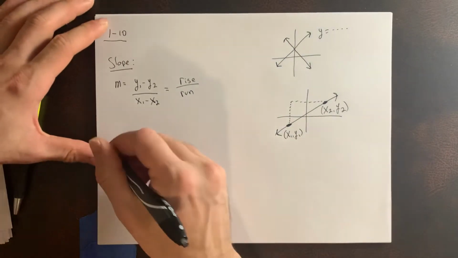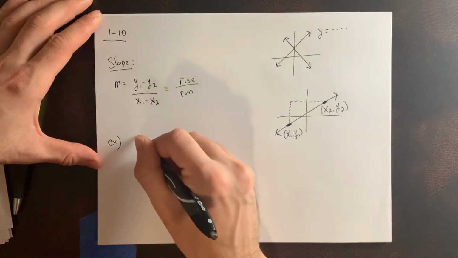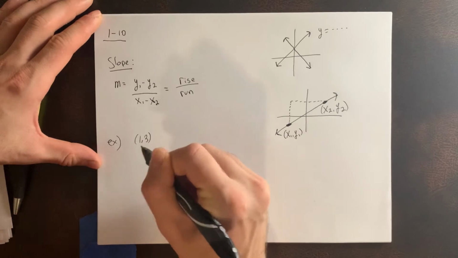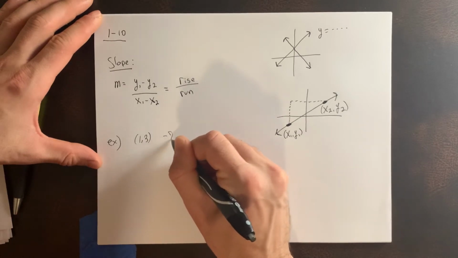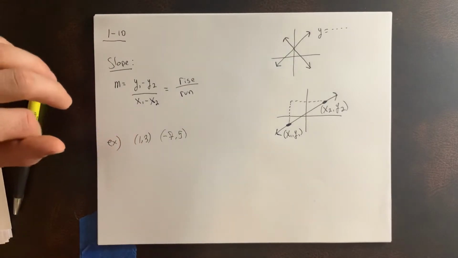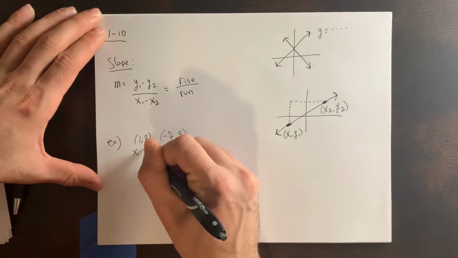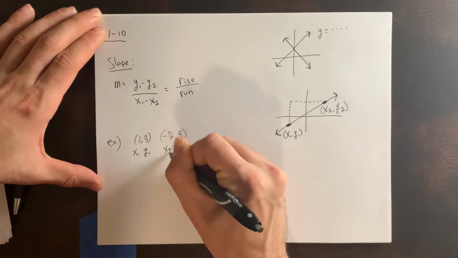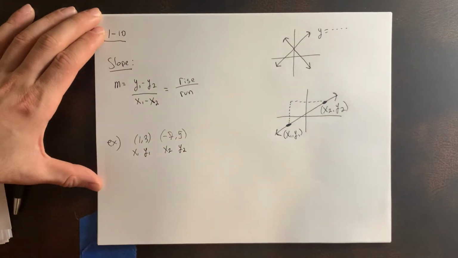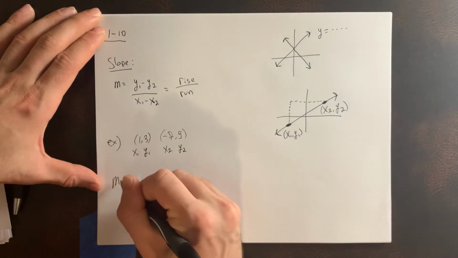So just a quick example. Say if we had the points 1, 3 and minus 7, 5. And then we want to find the slope between these 2 points. So we can call this x1, y1, x2, y2. And then we just plug everything into this formula over here.